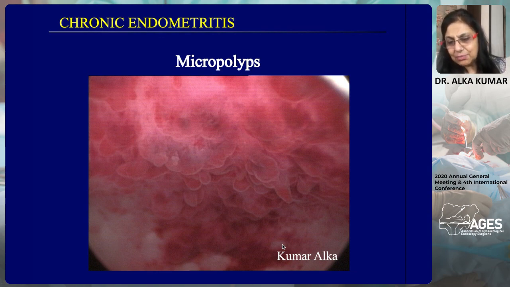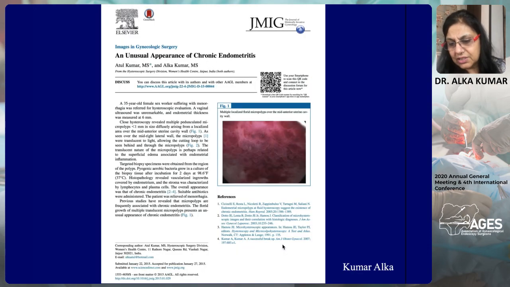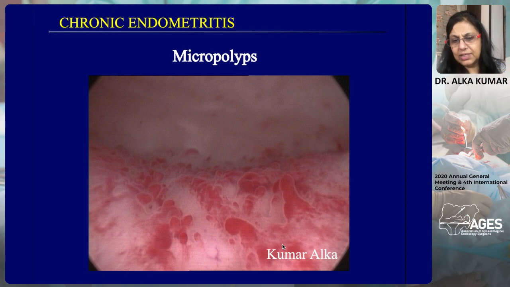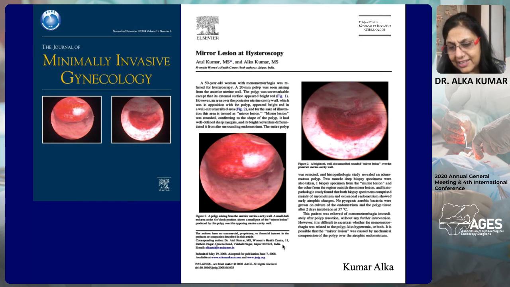This is a very beautiful picture from one of our patients, who was a sex worker and had a constant complaint of pain. When we put in the hysteroscope, this is exactly what we found. We published this patient as a case report in JMIG, and this is the posterior wall showing the micropolyps again, angry looking micropolyps.